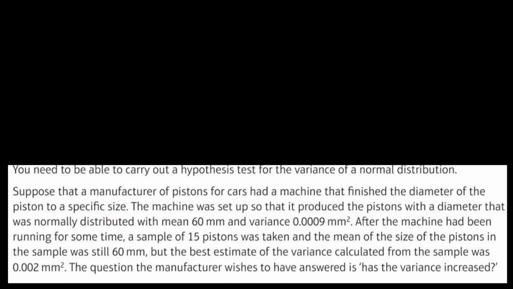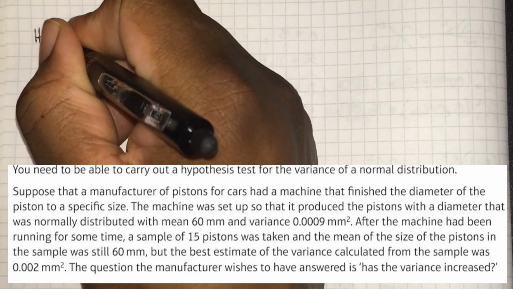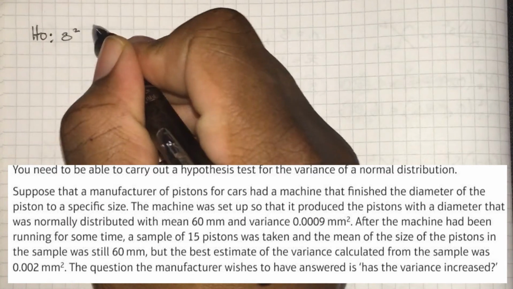Has the variance increased or has it remained consistent with the value for which it was set? Okay, so that's the context we're working in. Let's try and get some specifics down so we can start this hypothesis test. Let's start how we'd start any hypothesis test, which is with the actual hypotheses themselves. The null hypothesis. Now we know the null is always trying to represent that everything is fine, everything is working as expected.